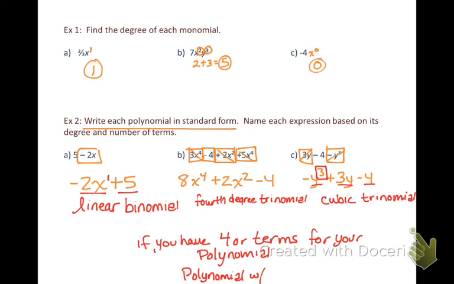If you have 4 terms, you would say with 4 terms. If you have 5 terms, you would say with 5 terms. So depending on, I forgot the more right here, 4 or more terms.